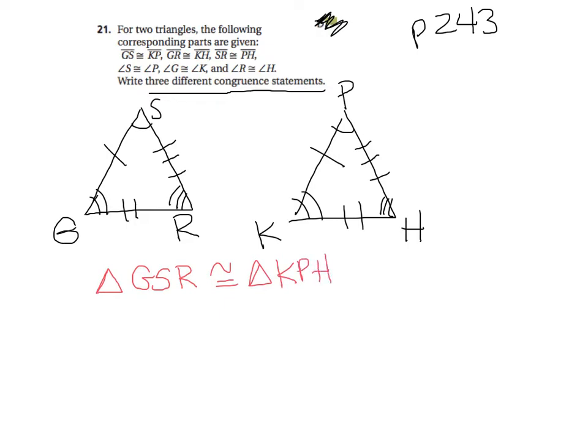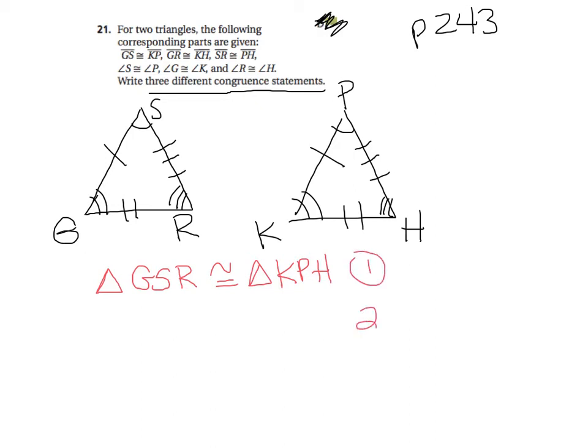So what I'm looking for is the two sides that are equal to be together in the name. So I could say that if I look at S and R right here, it goes with PH, which also has 3 marks on it. So this would be a great first statement.